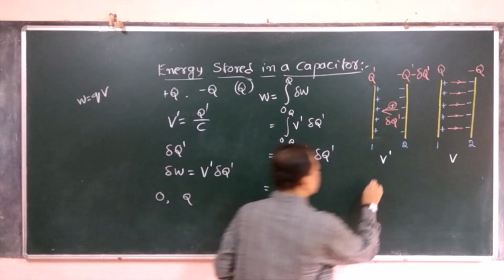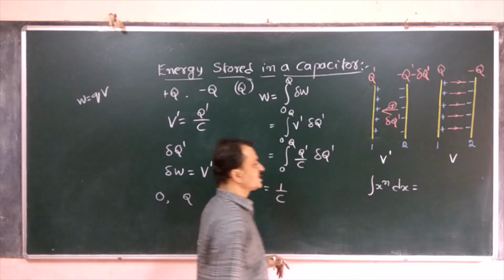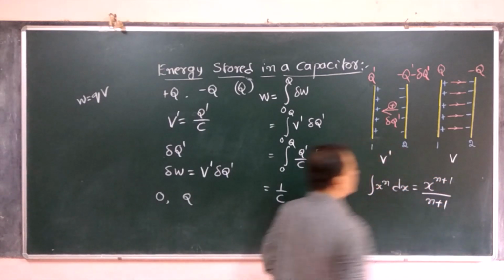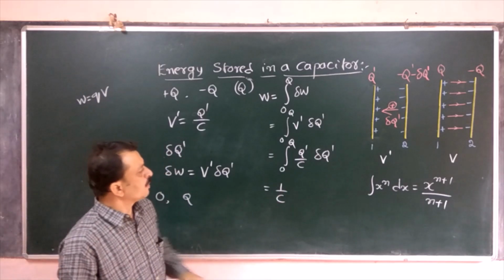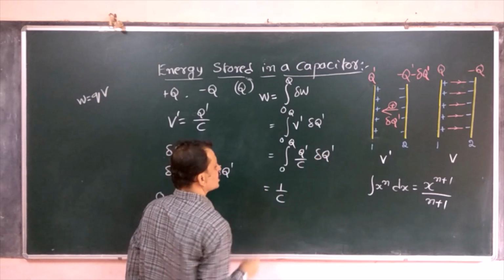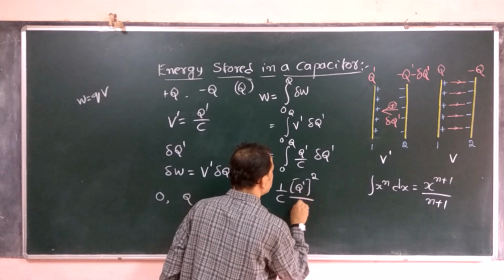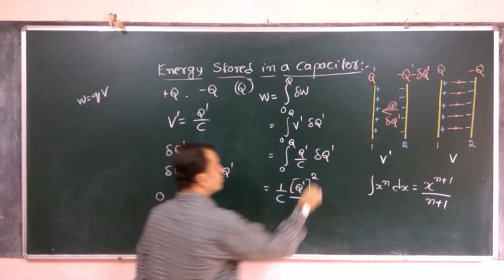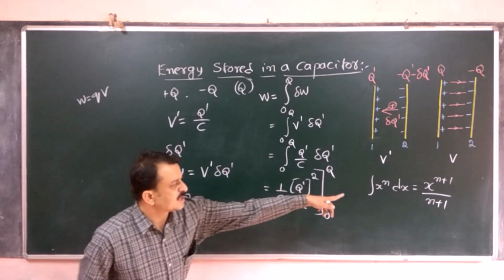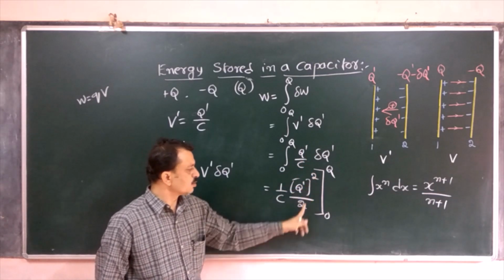We know that the integral of x to the power of n with respect to dx is equal to x to the power of n plus 1 divided by n plus 1. That is the formula. By using that formula, if we integrate Q dash with respect to delta Q dash, we get Q dash to the power of 2 divided by 2 with the limit from 0 to capital Q. So the integral of Q dash is Q dash square divided by 2.